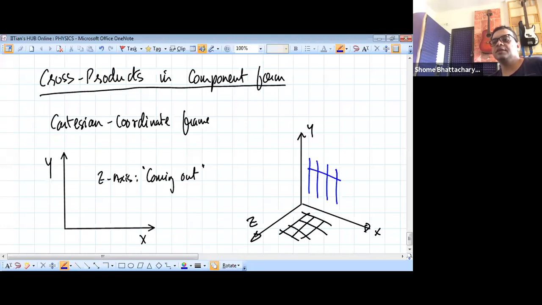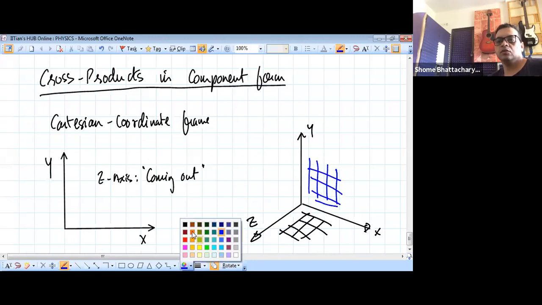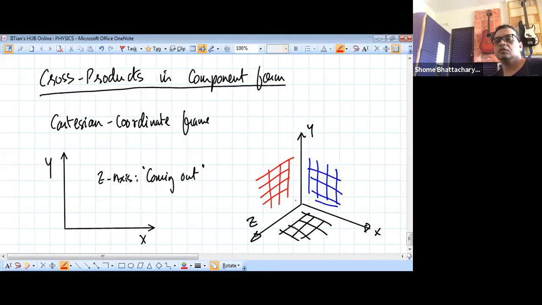If this xy plane is the wall you're seeing straight ahead of you, then your z-axis is coming out of the plane towards you. Y is perpendicular to z, z is perpendicular to x, and x is perpendicular to y. These are the three mutually perpendicular axes. But we always orient them in this way: if x and y are drawn like this, then z is coming out of the plane. So from this diagram, you'll now understand the relations below.